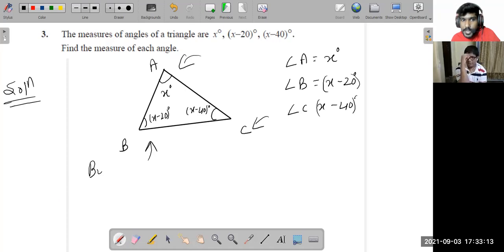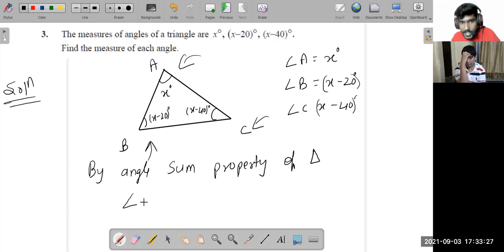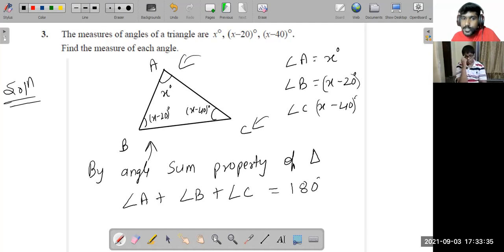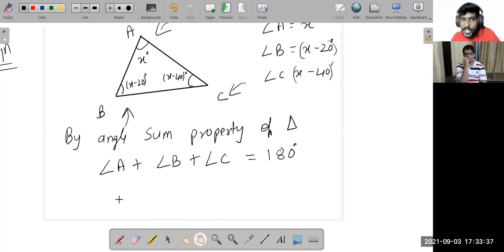By angle sum property of triangle, you get angle A plus angle B plus angle C equals 180 degree. Now substitute the values. A is x, B is x minus 20 degrees, C is x minus 40 degrees. Is this clear up to here? Okay.